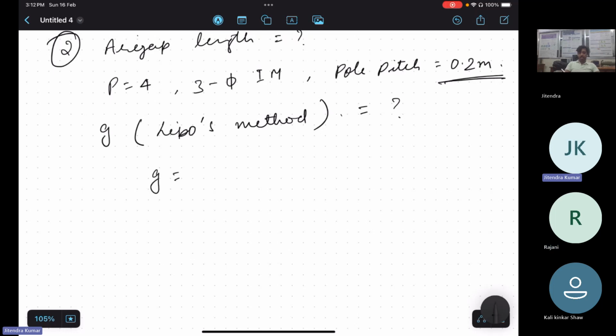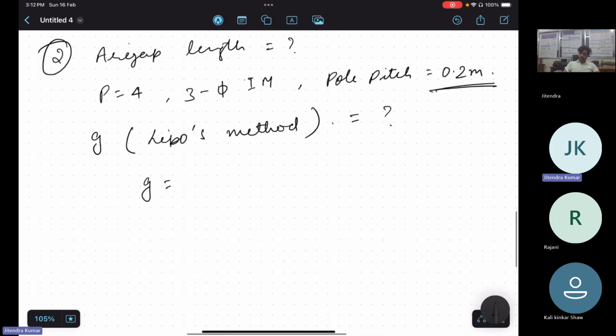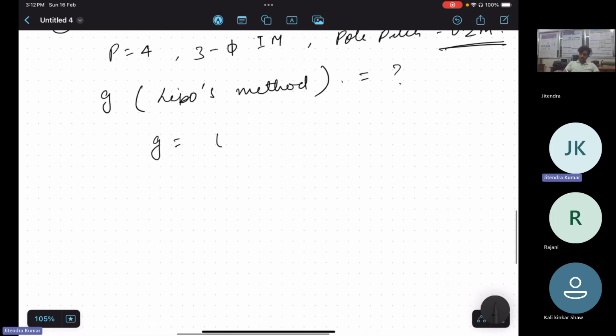If you have gone through the lecture, the expression is pole pitch into under root 2 times number of poles, into something with g. There is some relation also with g, that is L D.